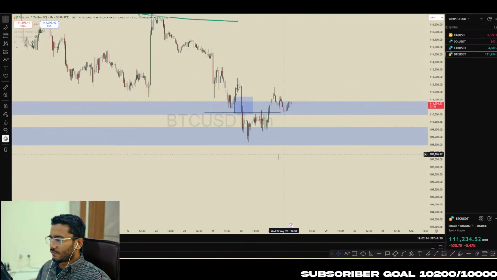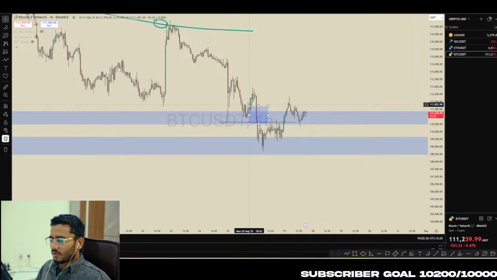The price is reacting from this. On Monday, I marked this order block, then price broke the structure over here. So there is no sign of reversal. Here we can see price is finally reversing from this area.